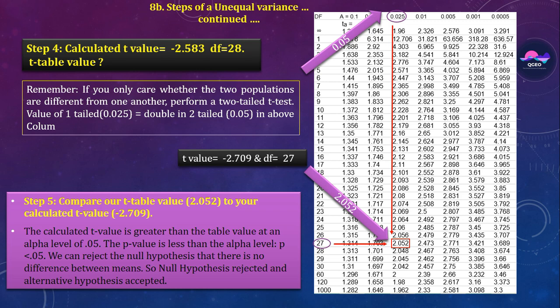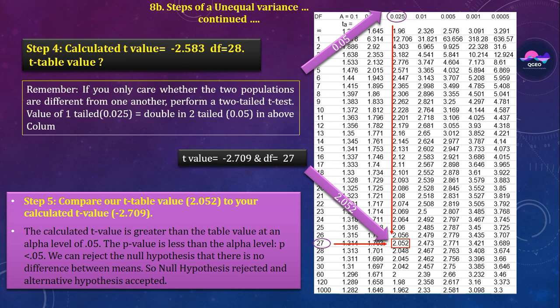Step 5: compare our t table value 2.052 to your calculated t value minus 2.709. The calculated t value is greater than the table value at an alpha level of 0.05. The p value is less than the alpha level, p less than 0.05.